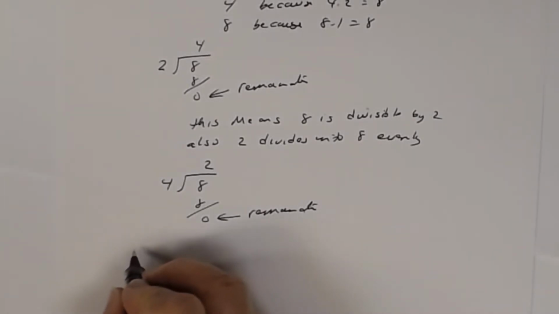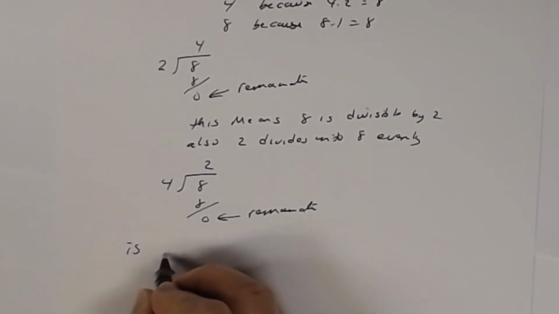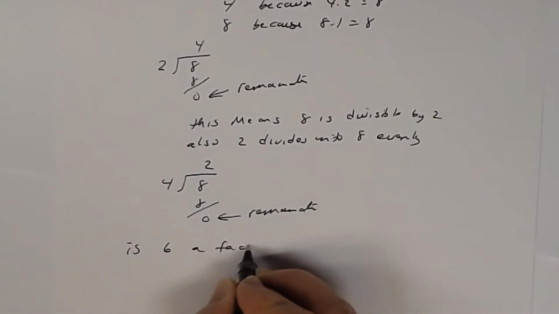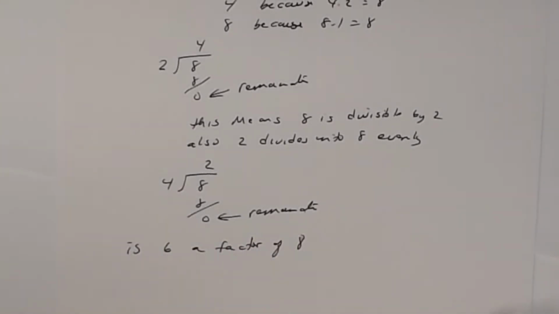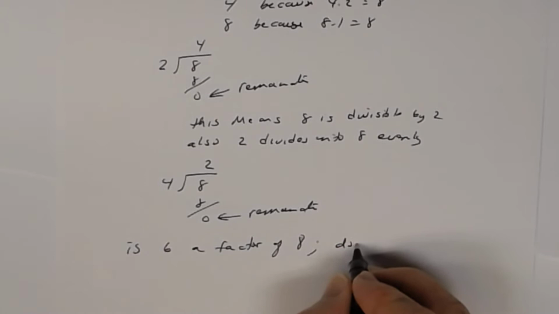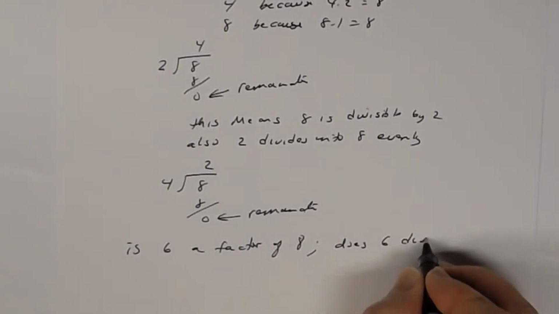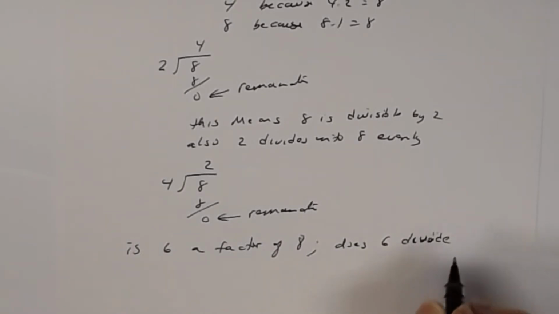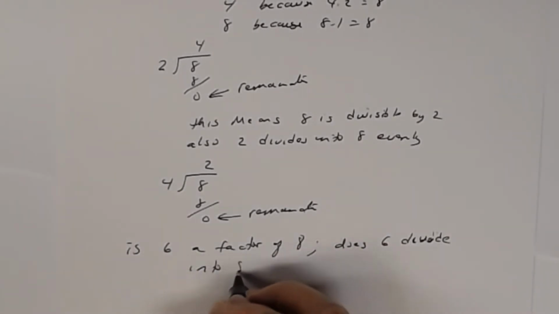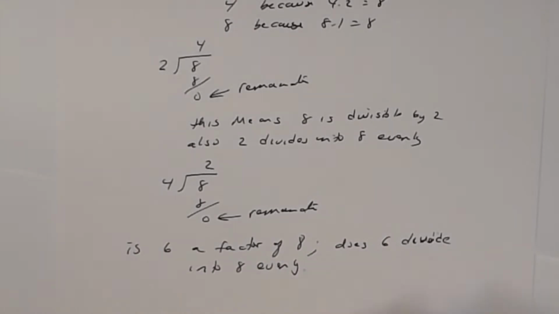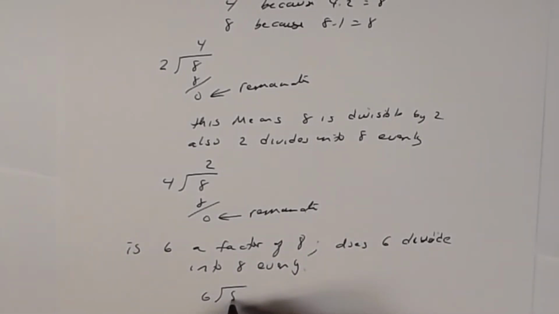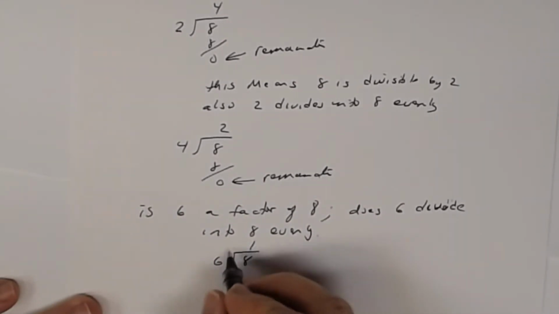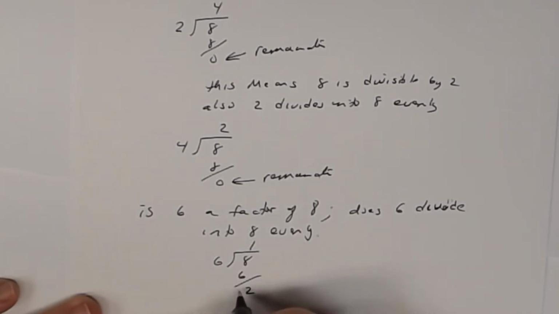So here's a question though. Is 6 a factor of 8? Another way we can say this is, does 6 divide into 8 evenly? If I do 6 into 8, 6 goes into 8 one time. 1 times 6 is 6, a remainder of 2, right?